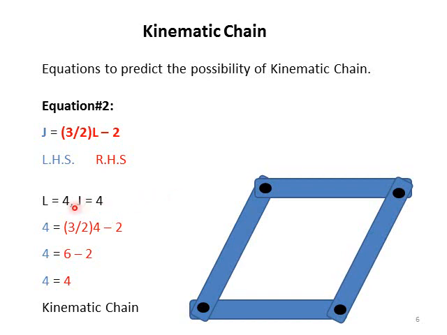Putting the values in the formula, the left hand side is 4, and the right hand side is 3 by 2 multiplied by 4 minus 2. Simplifying, we get 4 equal to 4. Therefore, if the left hand side is equal to the right hand side, the combination of links and joints will be called a kinematic chain, and the motion will be constrained motion, because the motion will be in a single direction. If the motion is in a single direction, then it is called constrained motion.